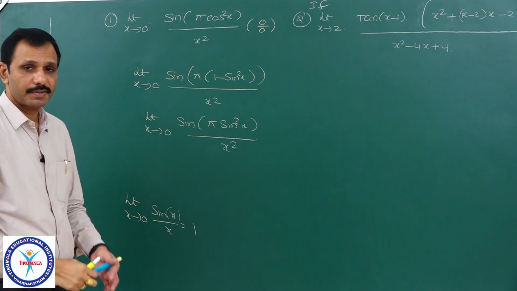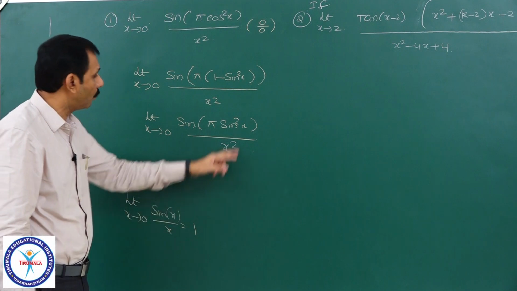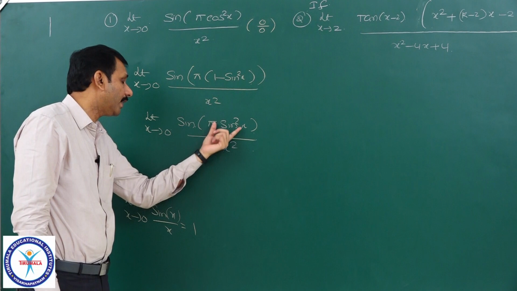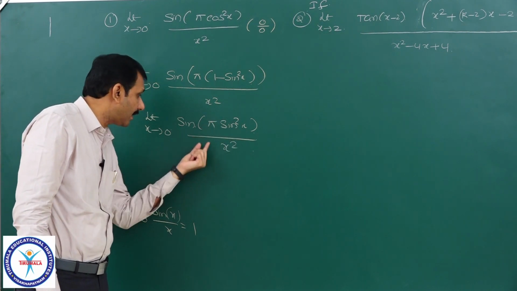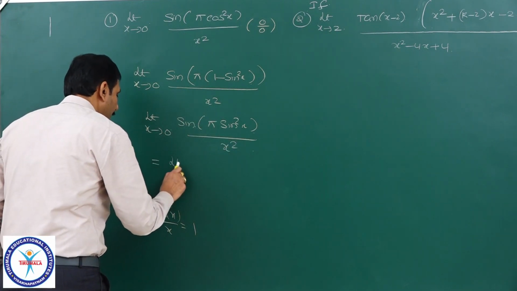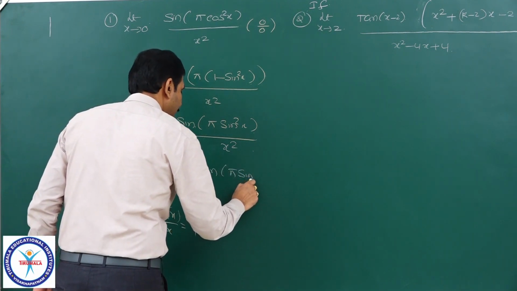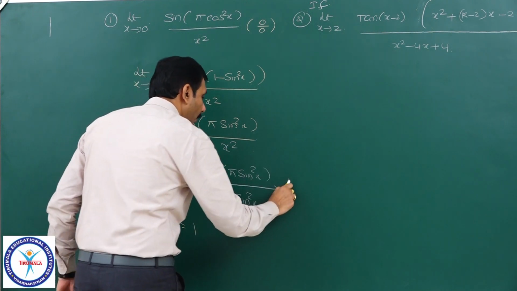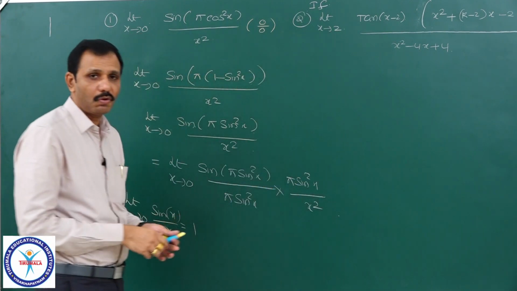Now observe this, as x tends to 0, this is becoming 0 now, the total value is becoming 0, because as x tends to 0, sin of it is taking value 0. If I write this in the denominator, that value will become 1. Therefore, now I will go with that one, limit x tends to 0 of sin of (pi sin square x) by (pi sin square x) into (pi sin square x) by this x square, I will write it. Hope you understood this one.